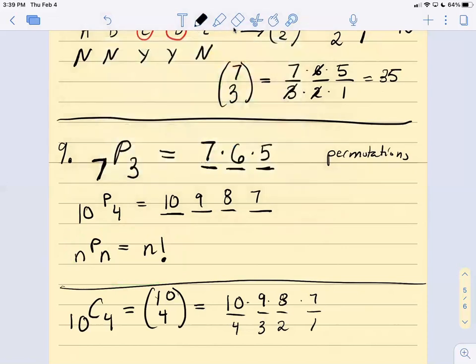Do you see that one way to think about this is it's the same thing as 10 factorial, but all you're missing is the last 6 numbers. So this is equal to 10 factorial divided by (10 minus 4) factorial, which is 6 factorial.